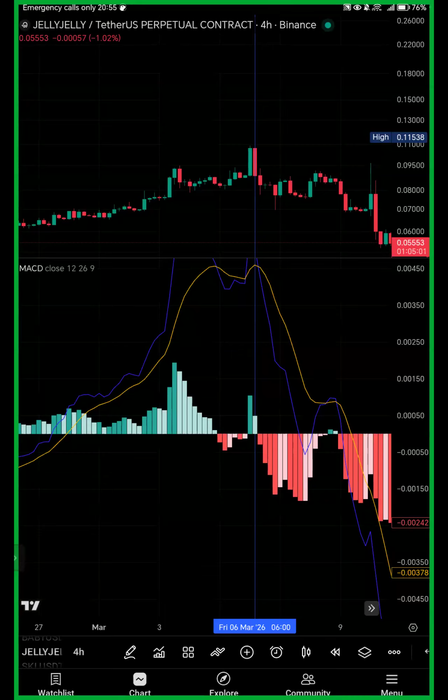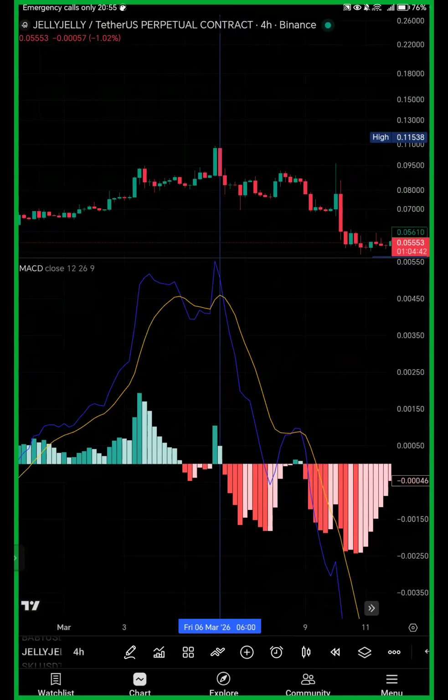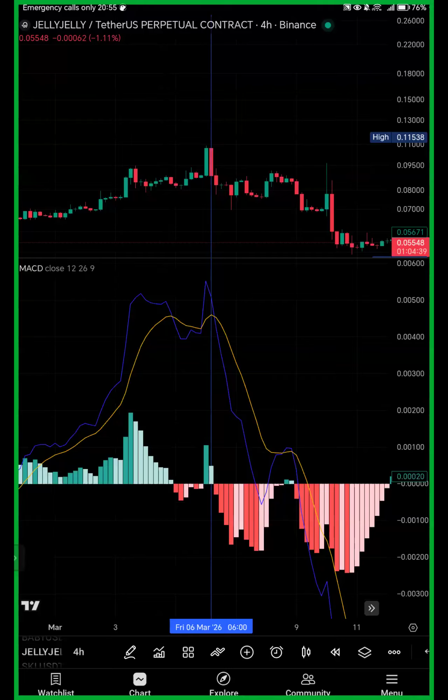So these crossovers can be used as entry positions or entry levels in the market, depending on which direction you are trading the market. If you are trading futures, then a death cross will be a position for you. If you are trading futures as well, you can also use the golden cross if you want to long the market.